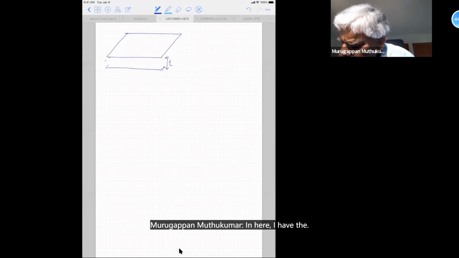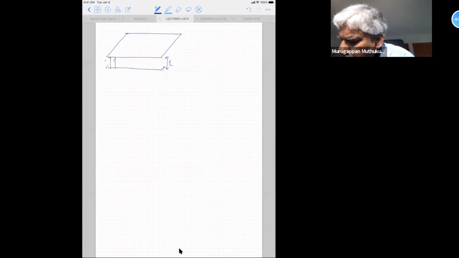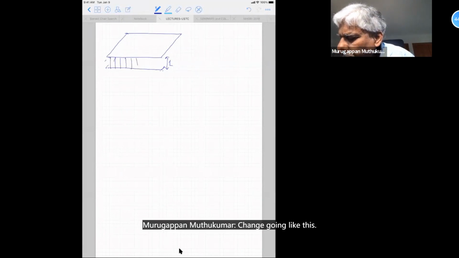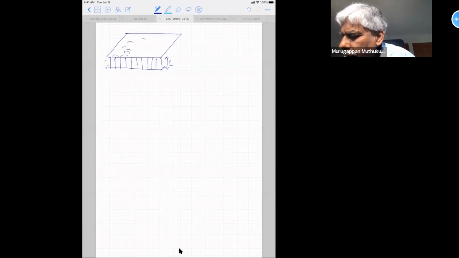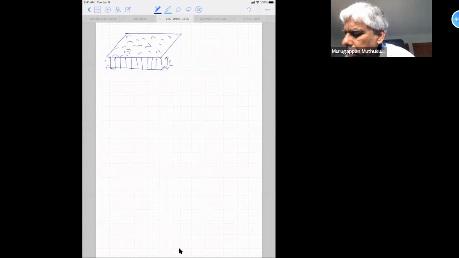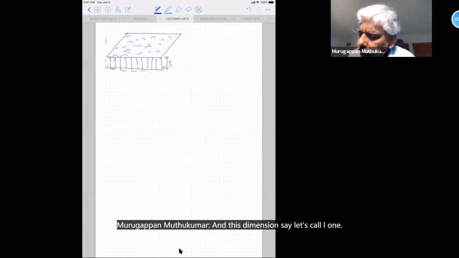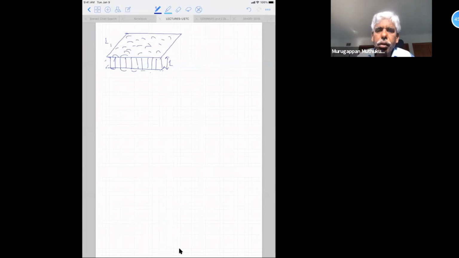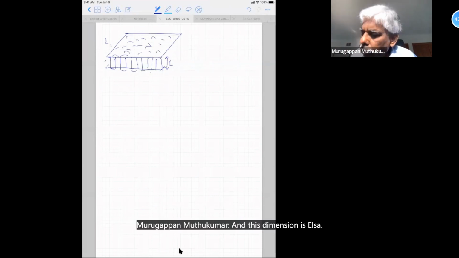In here, I have the chains going like this. And then let's take an ideal situation of a lamella like this. And this dimension, let's call L1, and this dimension is L2.